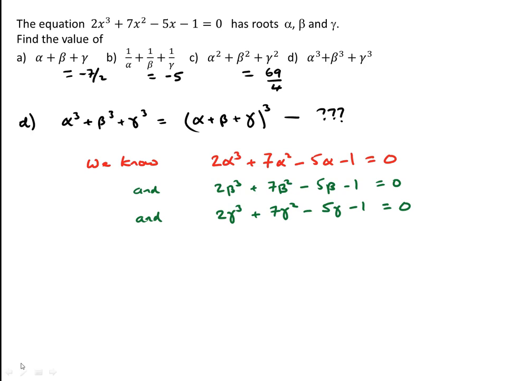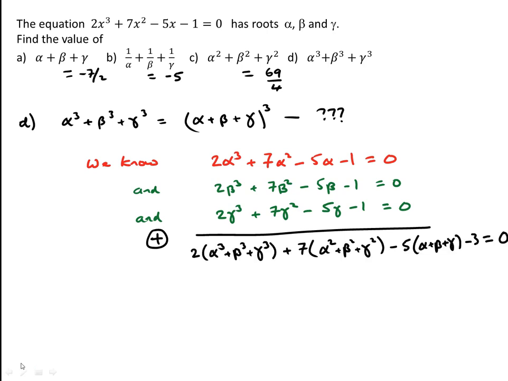If we add up these three equations, then we're going to obtain 2 lots of alpha cubed plus beta cubed plus gamma cubed, plus 7 lots of alpha squared plus beta squared plus gamma squared, minus 5 lots of alpha plus beta plus gamma, minus 3 must equal 0.